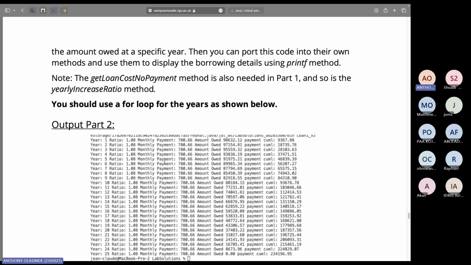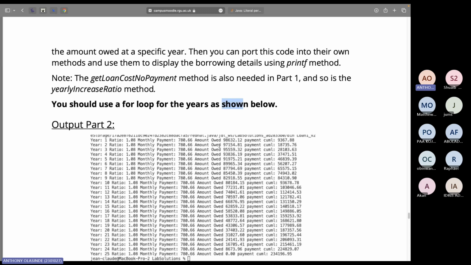So what we want to do is, now we have year, we have ratio, we have monthly payment, then we need amount owed at each year for 25 years. Like you borrowed 100,000 pounds, you paid this particular amount, then this is the amount owed after 1 year.